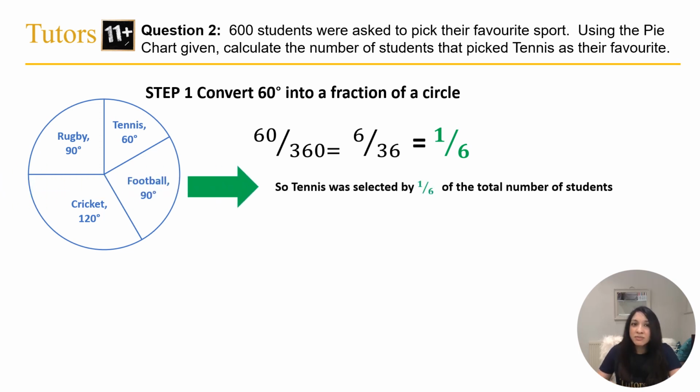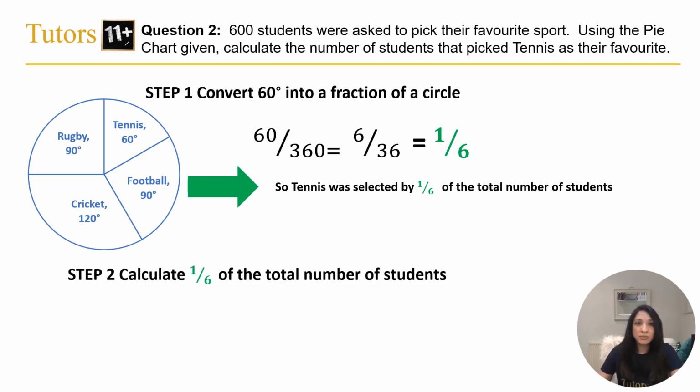In other words, tennis was selected by 1/6 of the total number of students. And now for step 2, we just calculate 1/6 of the total number of students. 1/6 of 600 is 100 students.